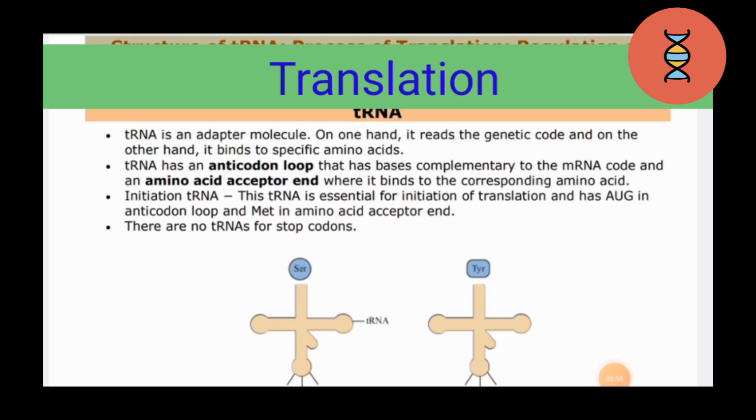Then after binding, this tRNA initiates the process of protein synthesis. So till now we studied the parts of tRNA involved in translation and the functions of each part. Now what is the secondary structure of tRNA? How does it look?